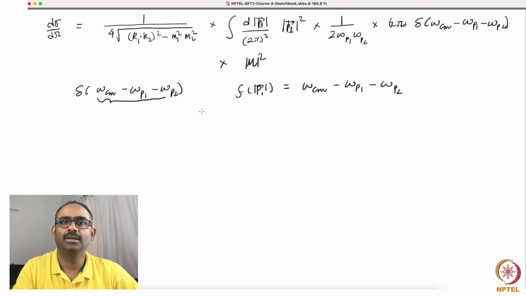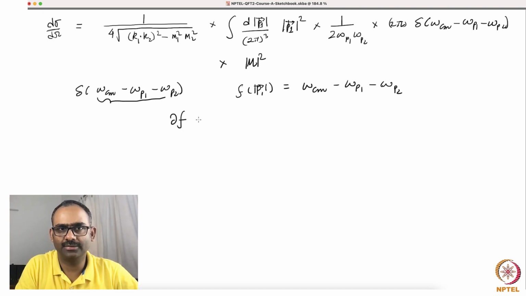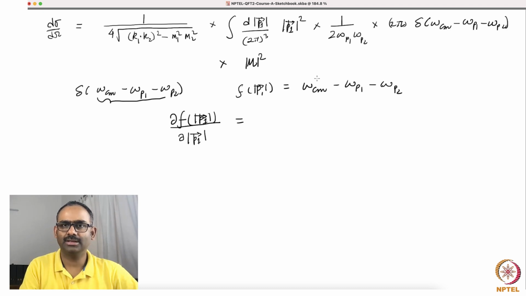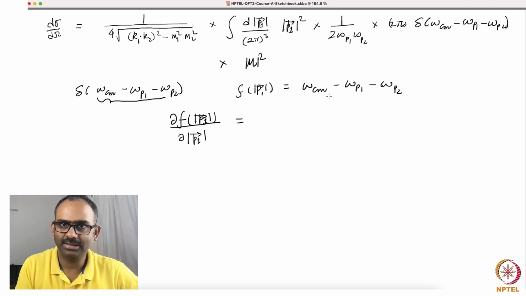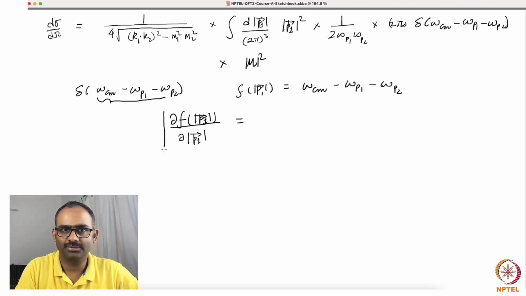Now I should find the derivative of f with respect to the magnitude of p1. This gives a constant, and actually I will need 1 over the modulus of this. So this gives 0.